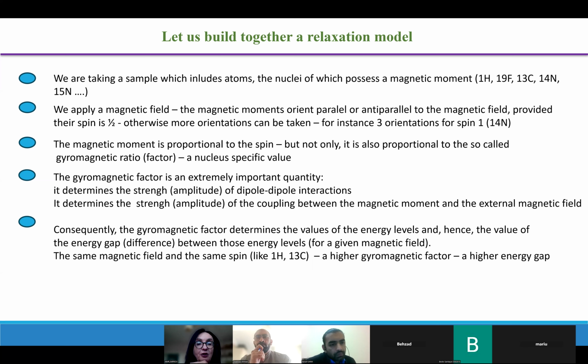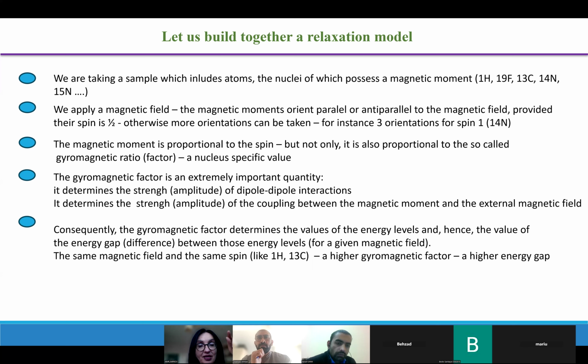And when you perform your experiment, what you have on the x-axis, and what we change, is actually the frequency. The gap between the two energy levels expressed in frequency units, and this frequency is called the resonance frequency.